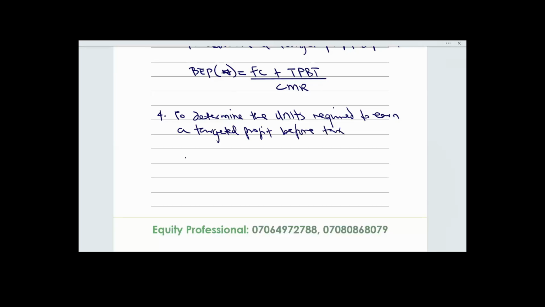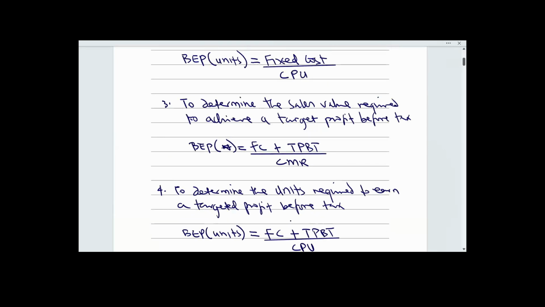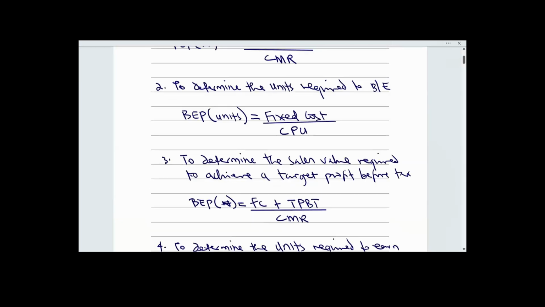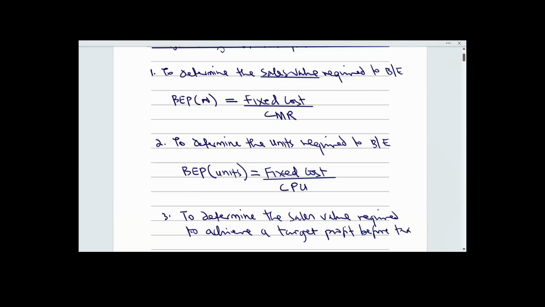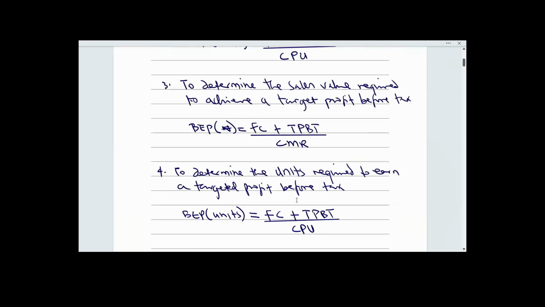So in this case, break-even point in units will be computed as fixed cost plus targeted profits before tax over contribution per unit. So these are the 4 objectives. These are the 4 underlying objectives of cost volume profit analysis. So let me then define the variables.